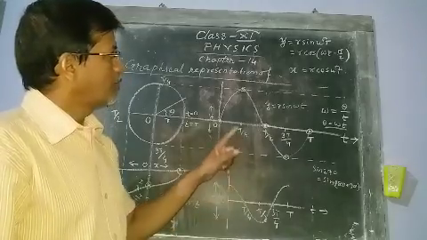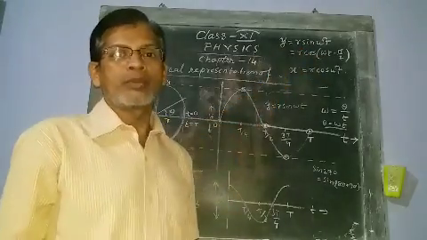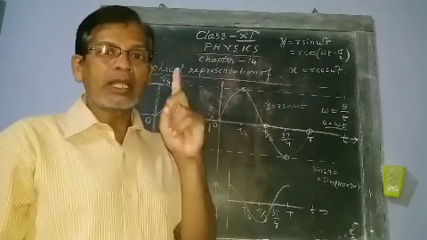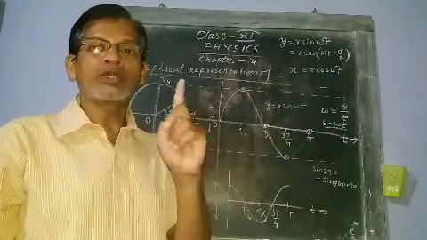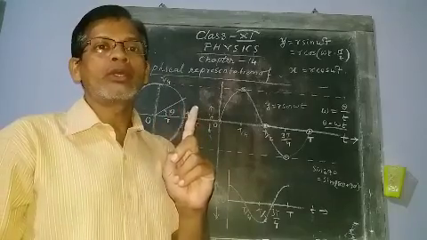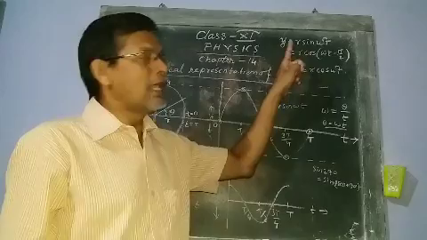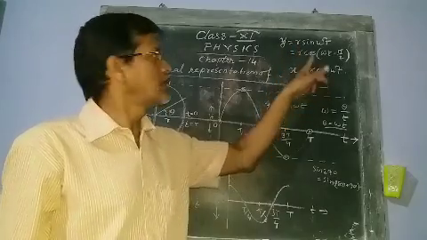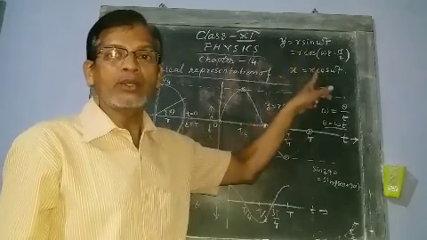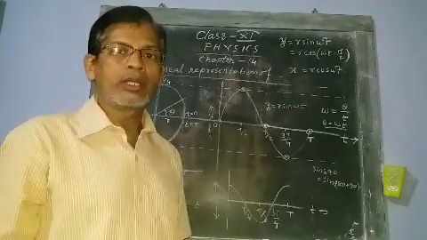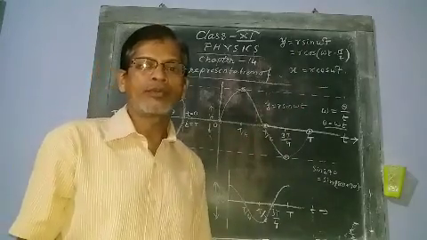And between these two, the sine curve lags behind the cos curve by a phase angle of pi by 2. Clear?